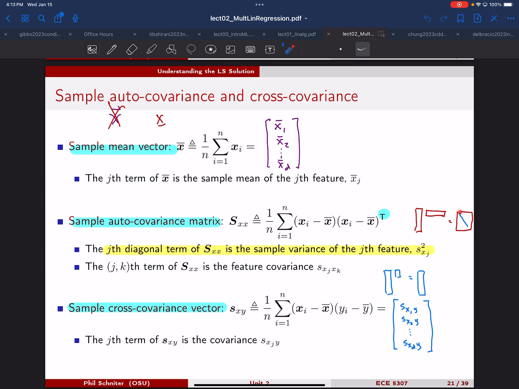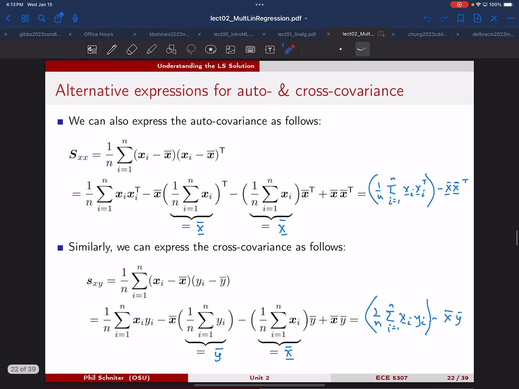When you look along the diagonals of it, you see the variances of the different features. And when you look at the off diagonals, you see the relationships between the different features. And finally, we have the sample cross covariance vector, which looks at the relationship between the features and the targets. And this is a vector quantity here. So those are the statistics we need.